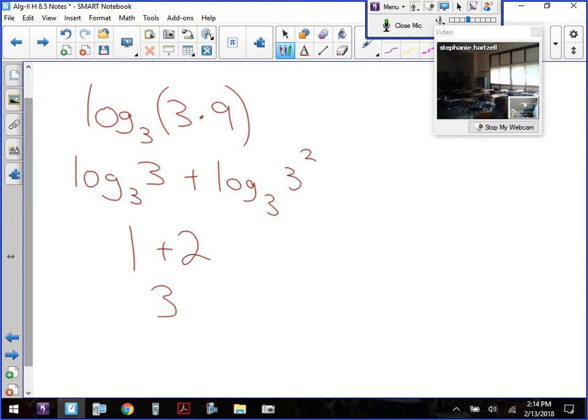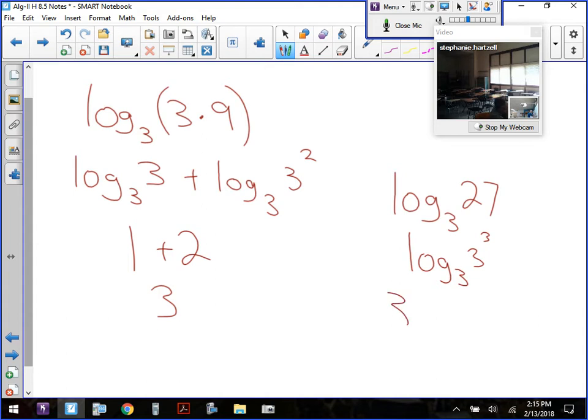Same thing goes for, if you think about it, if you did order of operations, isn't this the same thing as saying log base 3 of 27? What's 27 as a base 3? 3 cubed. So that's the same thing as log base 3 of 3 cubed. Well, isn't that the same thing as this one here, where we have log base b to an exponent?